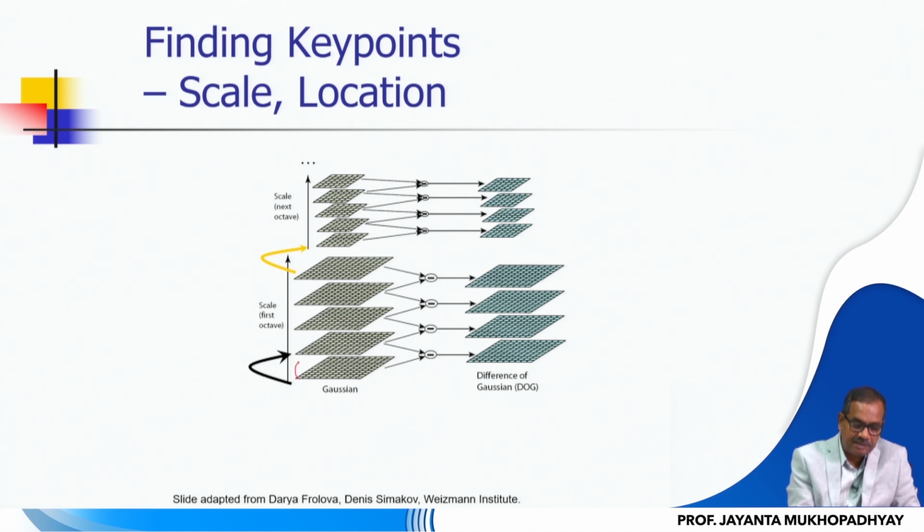This image you apply a Gaussian filter with sigma, this one 2 sigma, this one 3 sigma, and in this way you can go up to 8 sigma. That is the first octave, and you take the differences. This gives you the difference of Gaussian space, and you take the local maxima out of it. Suppose this is a local maximum considering this 3-dimensional neighborhood; this would be one detector.